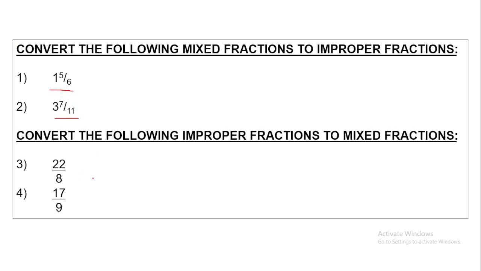So within the remaining time, I'll just do it with you guys. So what we're gonna do is that on the first one, converting a mixed fraction into an improper fraction, we use what we call MED.